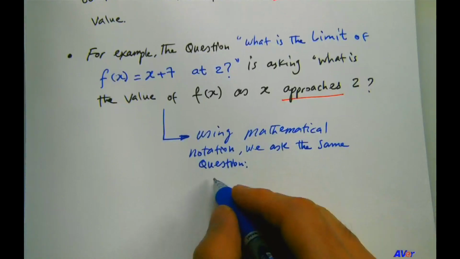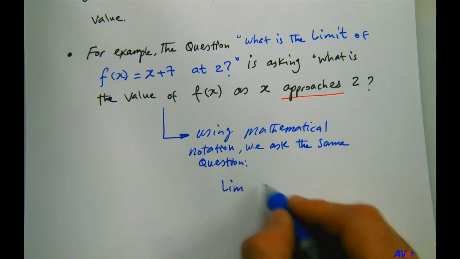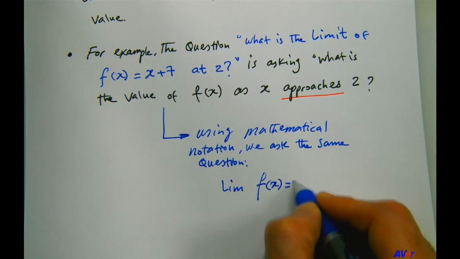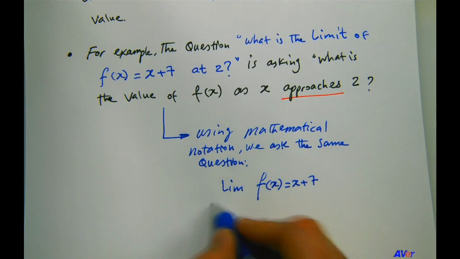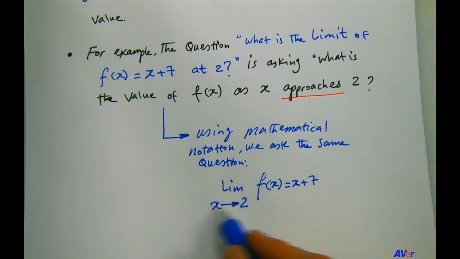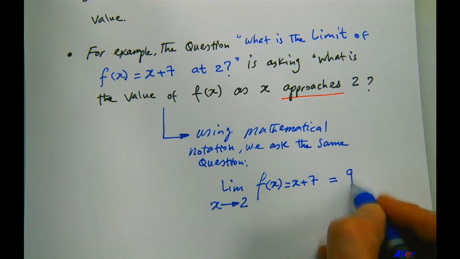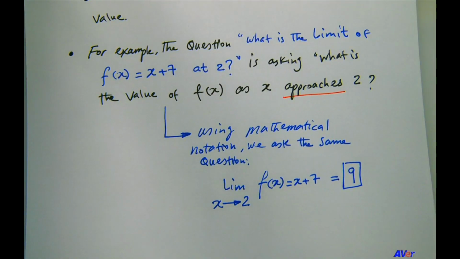We say the limit, LIM signifies limit, of the function f of x as x approaches 2. The x arrow 2 appears under the letters LIM. And of course this is equal to 9. A very, very simple limit here.